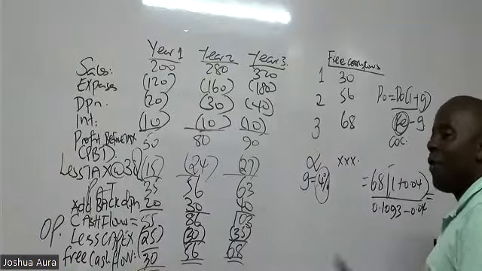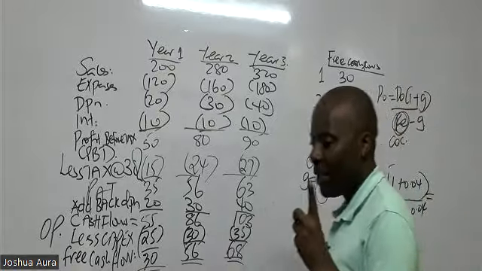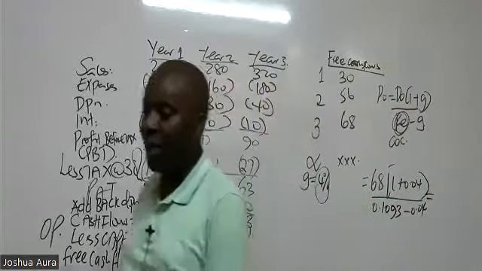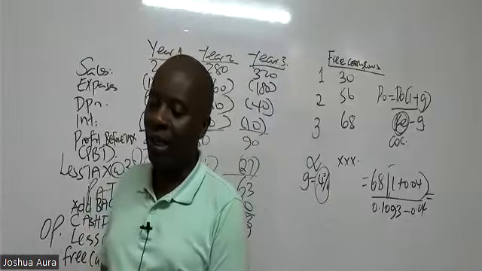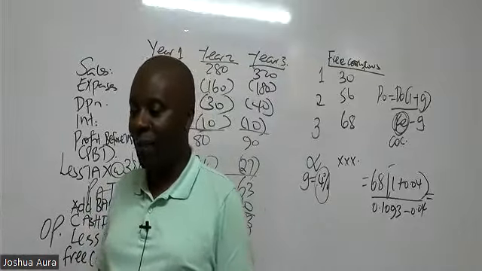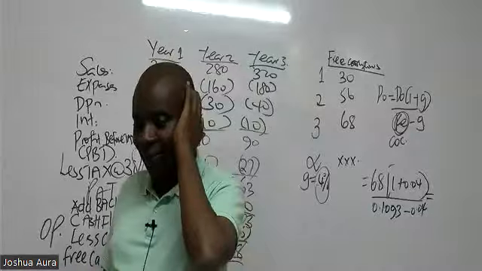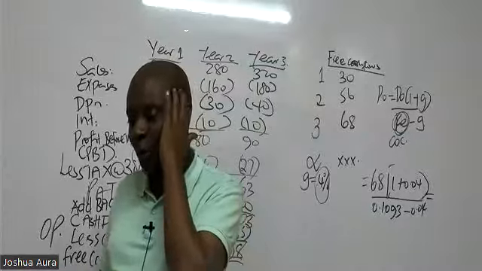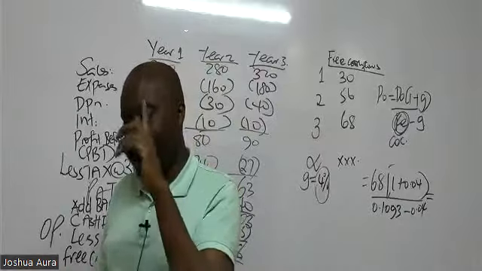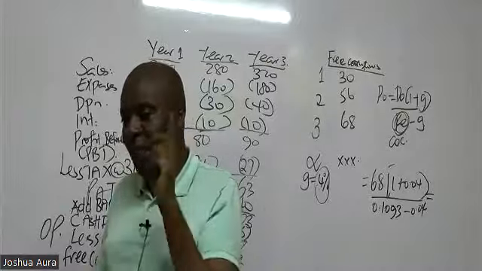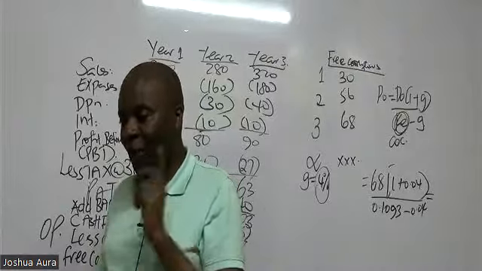So here you have to go very slowly. First of all, give me the numerator. 68 times 1.04. Numerator, give me the numerator alone. 68 times 1.04. What figure are we getting?